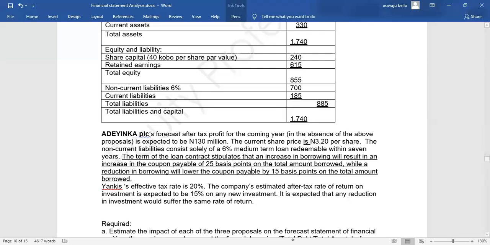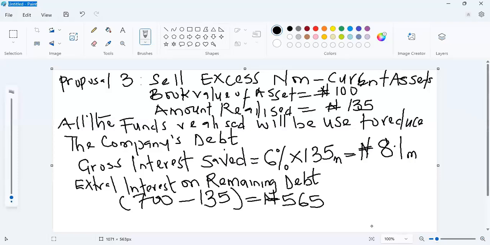That means on this remaining debt, we are still going to enjoy reduction in interest. We are not supposed to pay 6%. We are supposed to pay 6% minus 15 basis points. Now, we have paid 6% before.